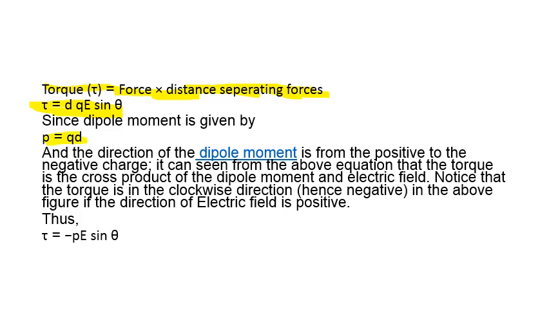As we know, the dipole moment is p is equal to q d. The direction of dipole moment is from the negative to positive charge. It can be seen from the above equation that the torque is the product of dipole moment and electric field.